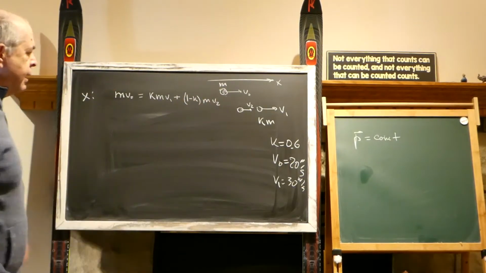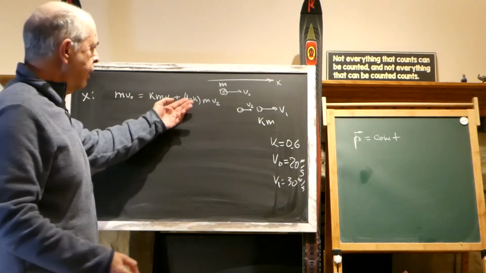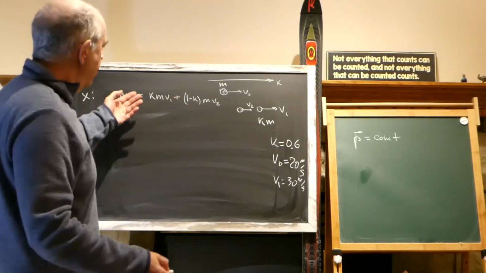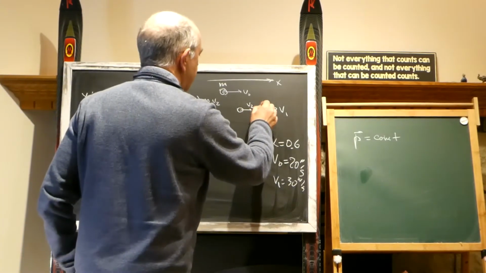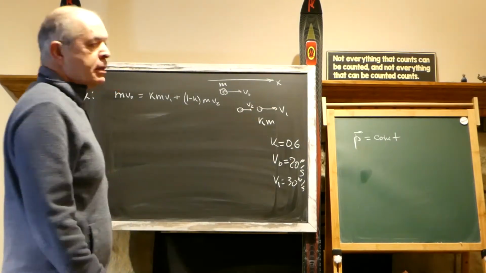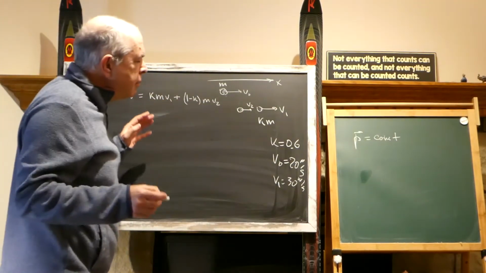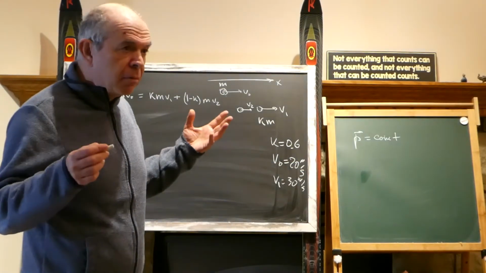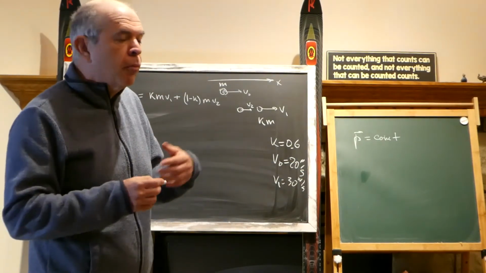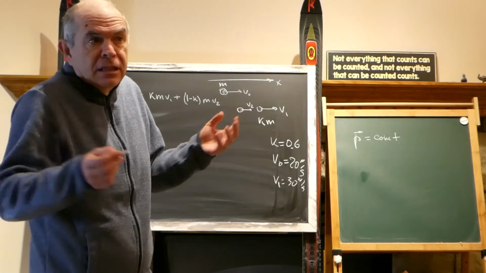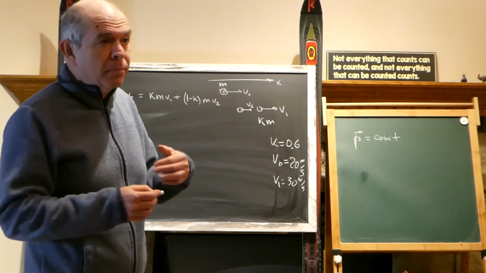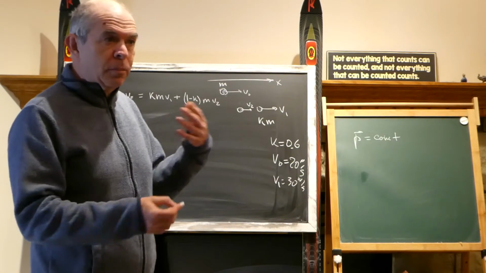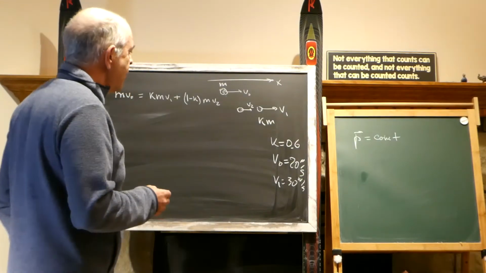So if k is 0.6, 1 minus k is 0.4. 60% is this particle and 40% is this particle. And it actually doesn't matter what the projectile is. It may be some real projectile, or it may be like an atom. An atom splits in two, it doesn't happen, but if it did happen, it would be something like this.